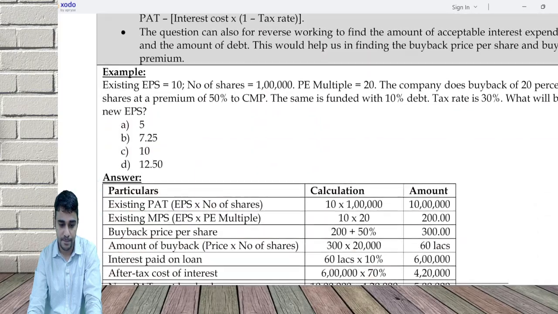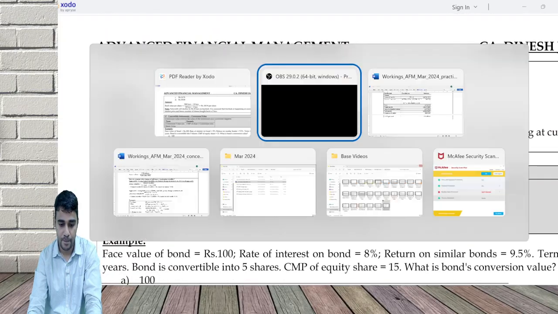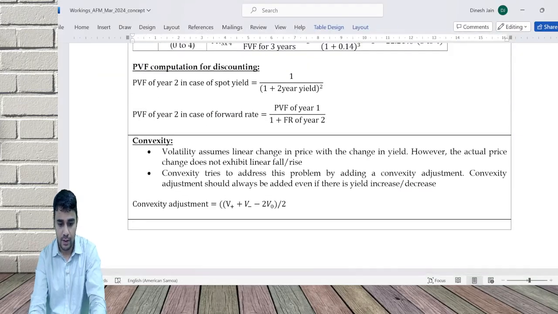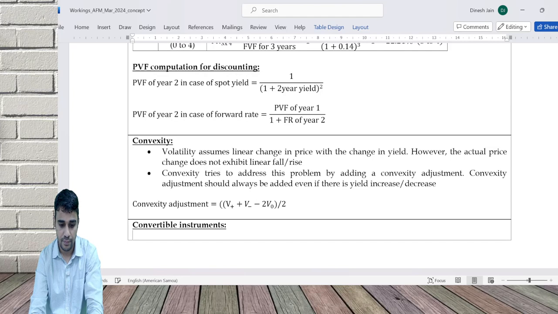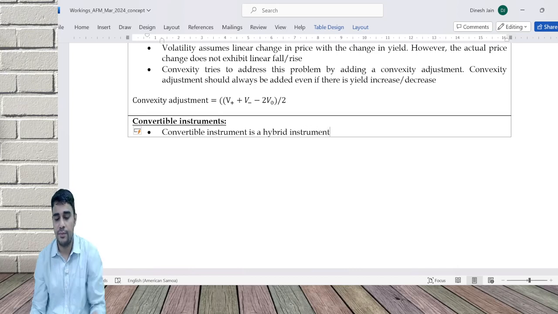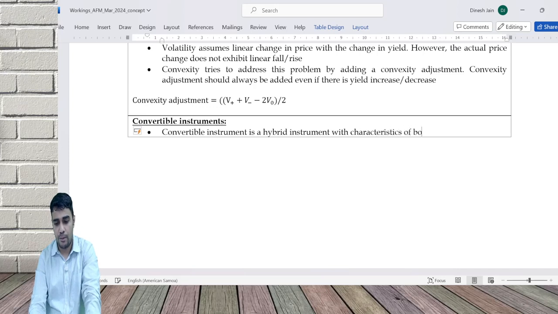Convertible instruments. A convertible instrument is a hybrid instrument with characteristics of both debt and equity.